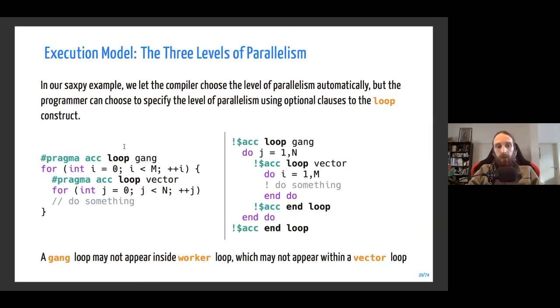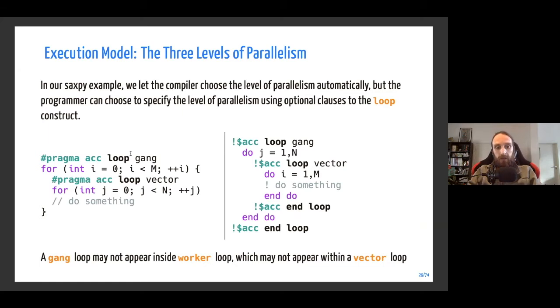We can do the same here and say that we want to distribute the iterations of the I loop to the gangs, and then say you should vectorize, so create different threads, and these threads will be executing the iterations of the J loop. So that's the basic idea with OpenACC.